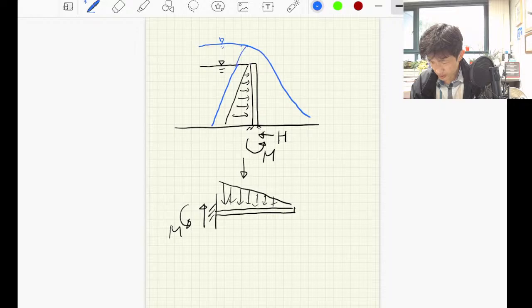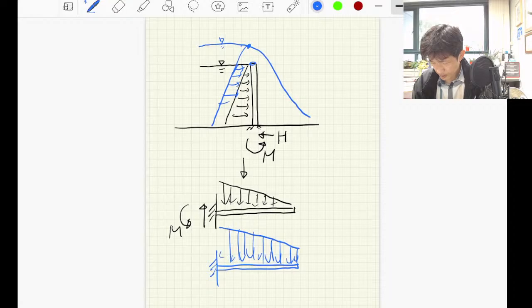The pressure is equal to 0 at this point, but we have non-zero pressure on top of the dam here. So the problem can be simplified this way, and the moment increased by this. That's why excessive overfill in dam problems would cause collapse of the dam. So probably you understand the situation now, right?